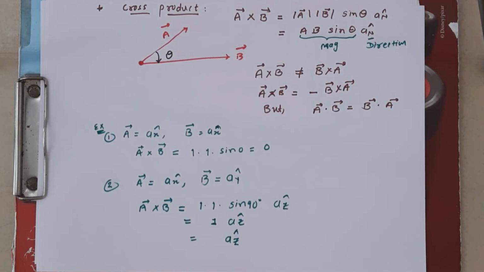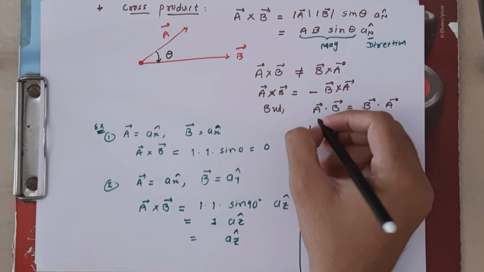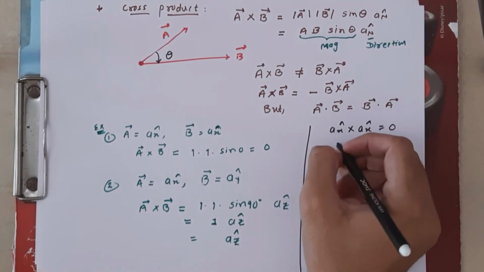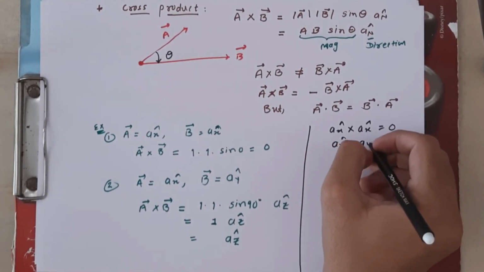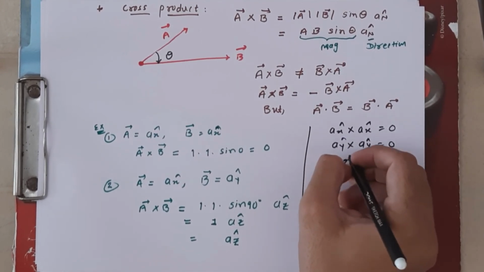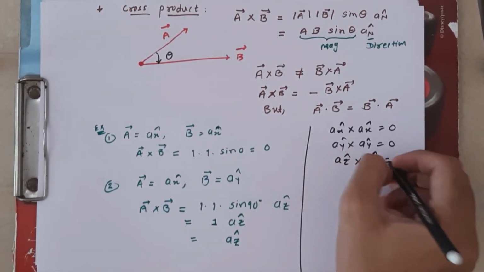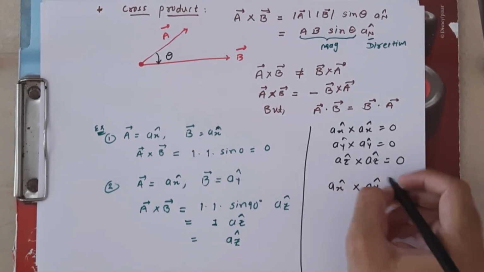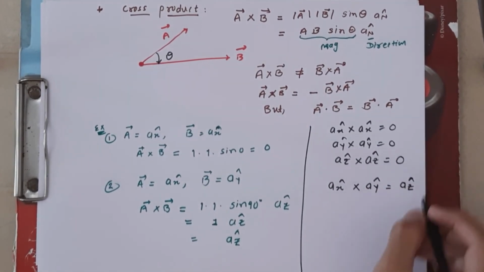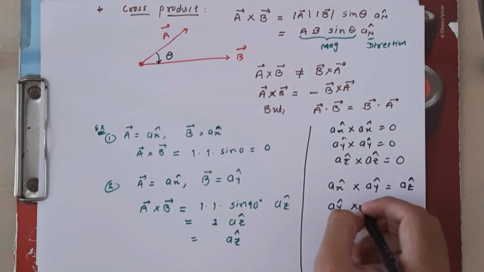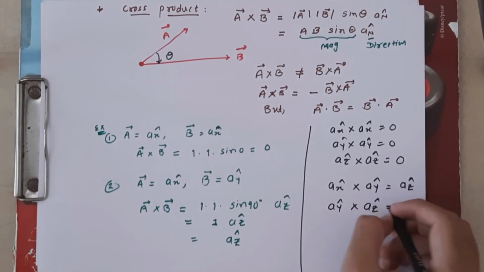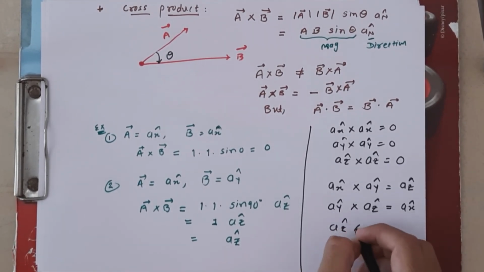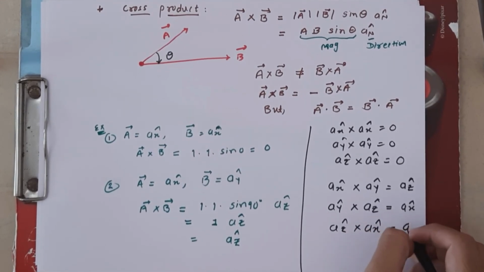So we can conclude that for the cross product, AX cross AX is 0. Similarly, AY cross AY is 0, and AZ cross AZ is 0. But AX cross AY is AZ. Similarly, AY cross AZ is AX, and AZ cross AX is AY.